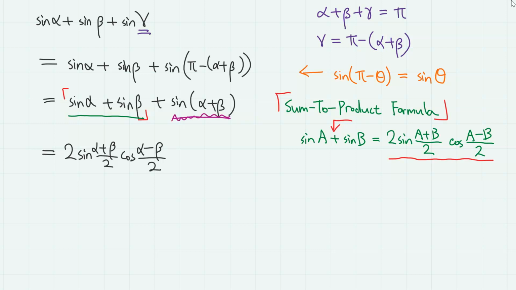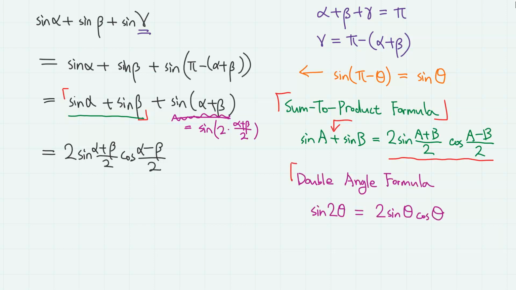And for this part, we will consider it as sine of 2 times (alpha plus beta) over 2 and apply the double angle formula of sine, which gives 2 times sine (alpha plus beta) over 2 times cosine (alpha plus beta) over 2.